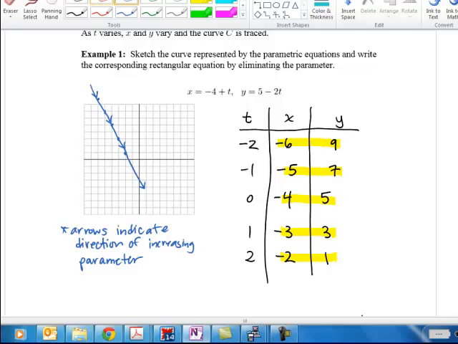For example, let's focus on when t equals 0, we have this point -4, 5. Notice that corresponds to the constants in the equations for x and y. So when t equals 0, -4, 5 was our point, and that ties into the constants here. The constant on x was -4, and the constant on y was 5.